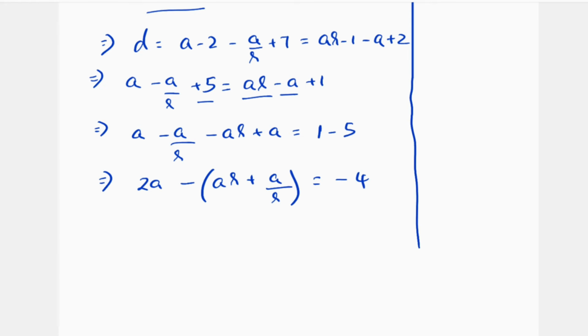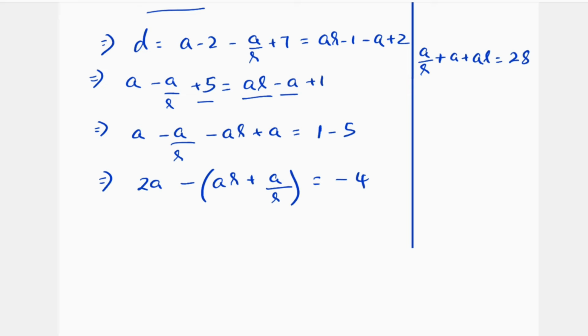Now we know that they have given in the question that the sum of the original three numbers which were there in the geometric progression is 28. That is, we took the three numbers as a by r, a, and ar. When we add them together, we are getting 28. This is what was given in the question.